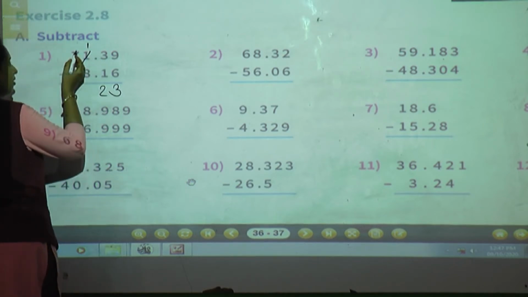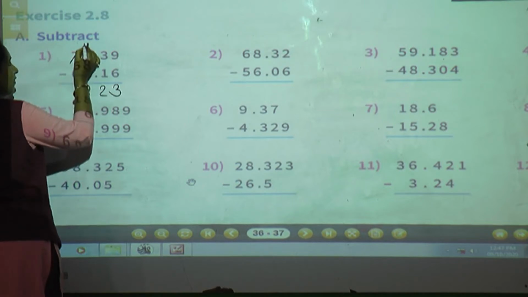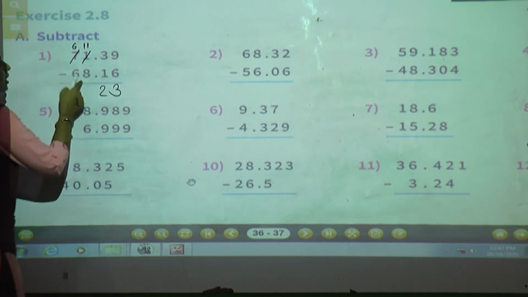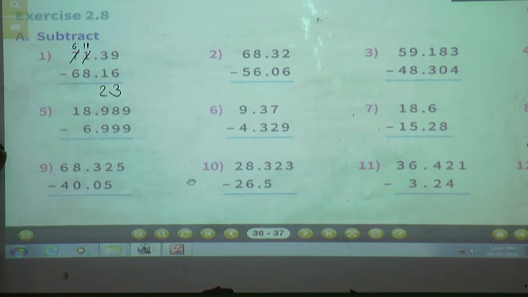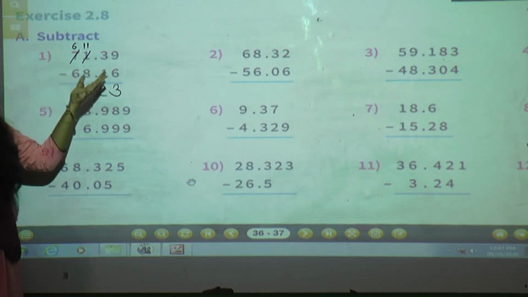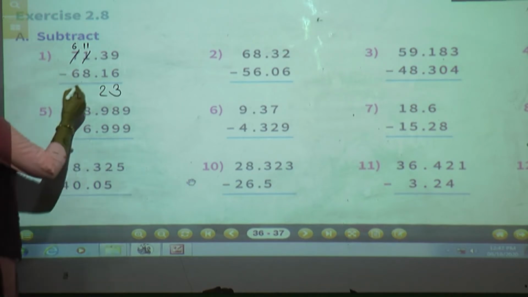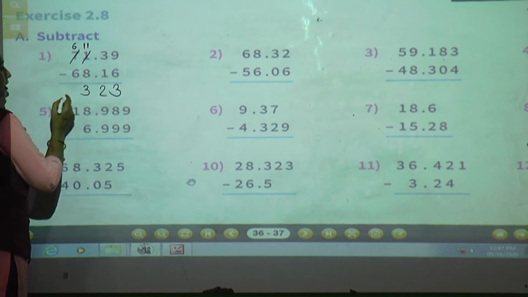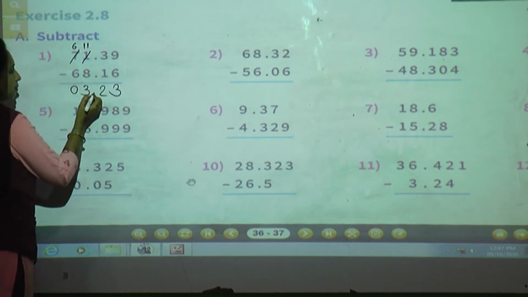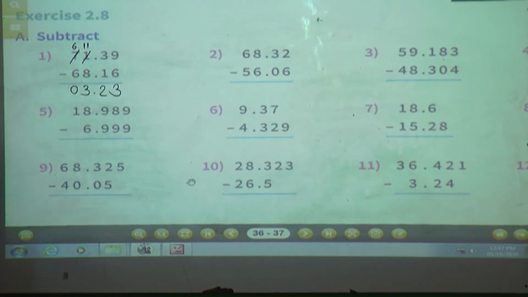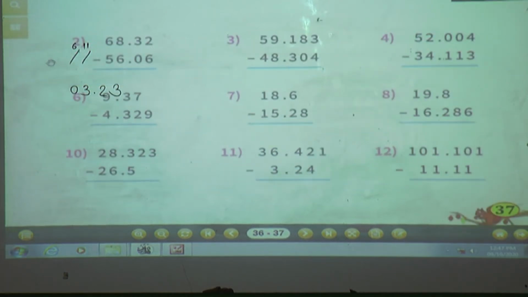Take a borrow from the neighbor, from the tens place. Tens has 7, he will give 1, 6 will remain. Now 11 minus 8, what do you have to do? Count after the 8 till 11 comes. 8, after that 9, 10, 11. How many? 3. So write here 3, and 6 minus 6 is 0. Then put the decimal point after 2 digits. So what is the answer? 3.23. Clear? Yes.